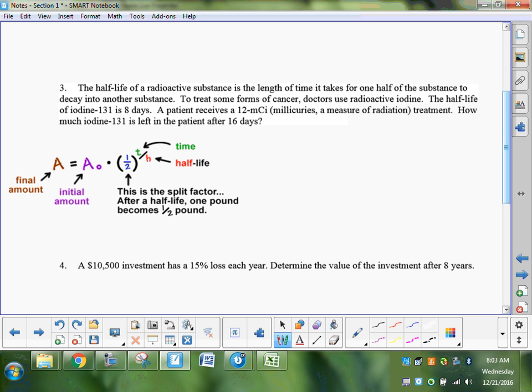We would figure out the end amount. That's our A. Our initial amount was 12, is that right? 12 units. And then 1/2 to the power of the time, which is 16 days over 8, which is the half-life. All right, go into your calculators, and we can evaluate this.